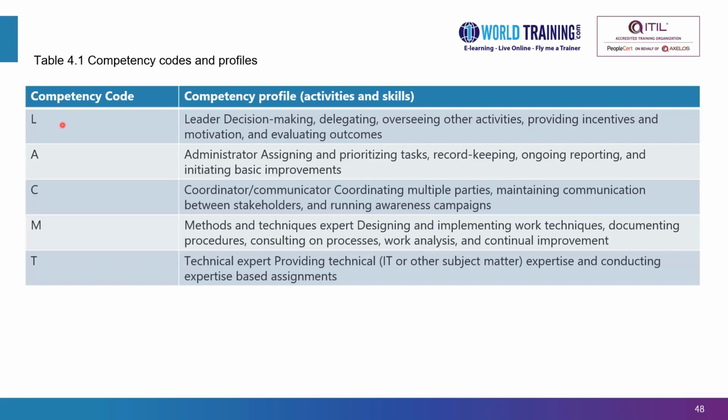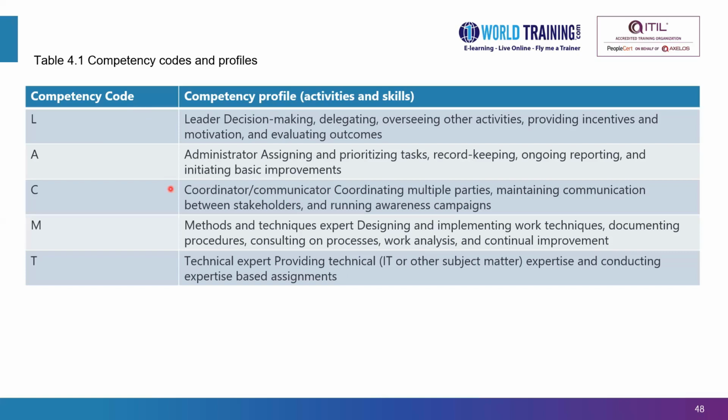In this table, let us understand what these 5 different codes mean. The L is for leader, who usually makes decisions, delegates, oversees other activities, provides incentives and motivation to their people, and evaluates the outcomes they are pursuing. The A code, the administrator, are those who assign and prioritize tasks, keep records, perform ongoing reporting, and initiate basic improvements. The coordinators and communicators coordinate multiple parties together.